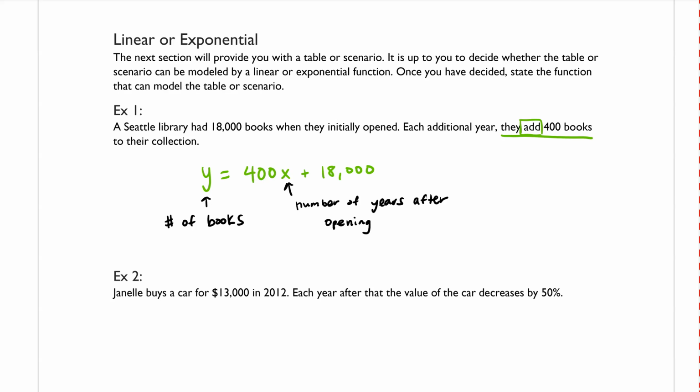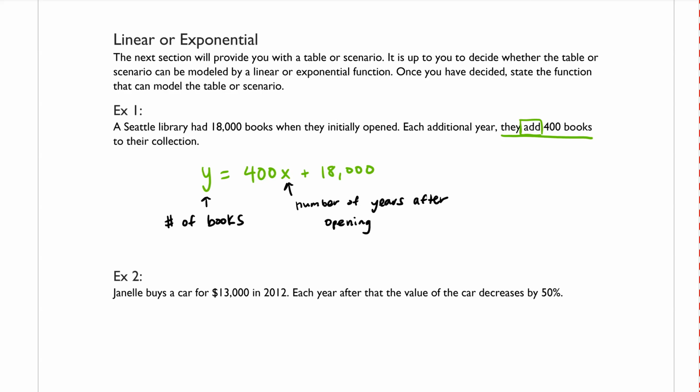And so 400 again is the slope, which indicates that every year they add 400 books, and our y-intercept is (0, 18,000), which represents that the starting amount of books that they had was 18,000 books.